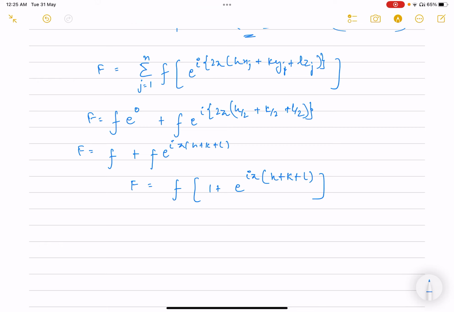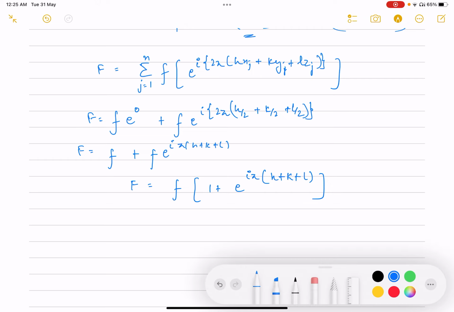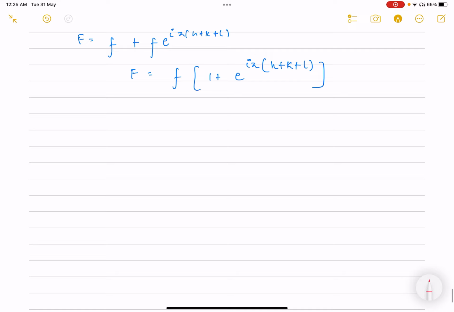So we know if h plus k plus l is even, now we have two choices. If h plus k plus l is even, then this equals 1.